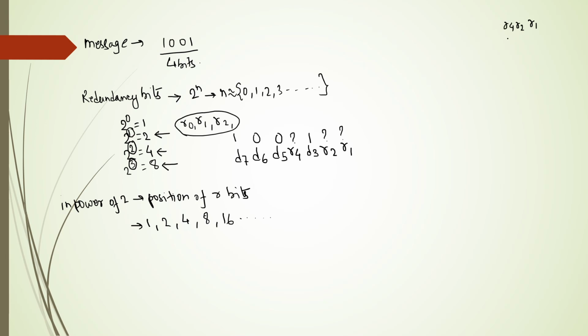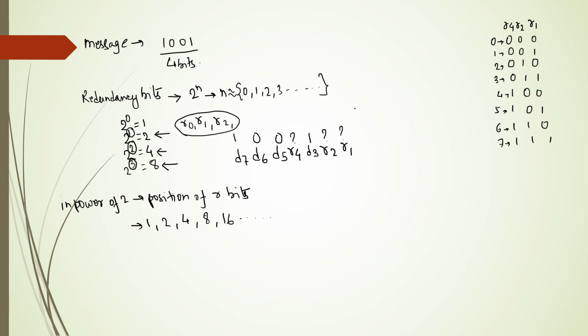If we create a truth table, it will be 0, 0, 0; 0, 0, 1; 0, 1, 0; 0, 1, 1; 1, 0, 0; 1, 0, 1; 1, 1, 0; and 1, 1, 1. We say that these are 0, 1, 2, 3, 4, 5, 6, and 7.